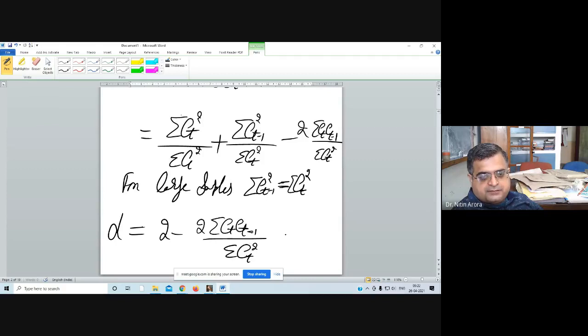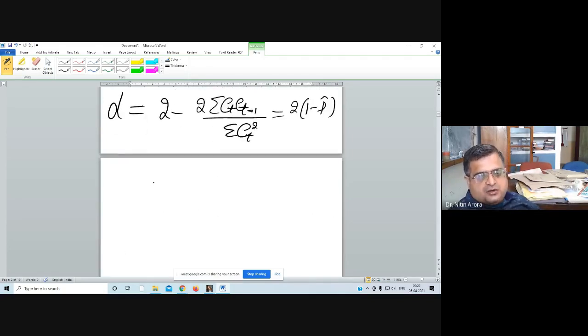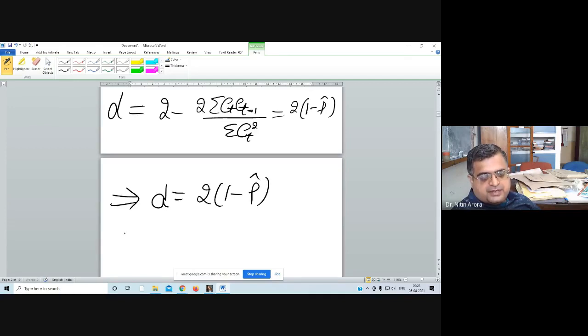So 2 is common. 2 into 1 minus this term. That summation Et Et minus 1 upon summation Et square is nothing but the formula of the autocorrelation coefficient, that is rho cap. So Durbin-Watson is equal to 2 into 1 minus rho cap.